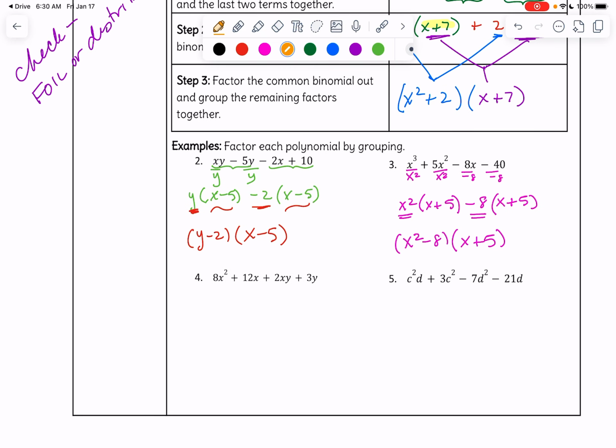So here I can factor out a 4 and an x. And here I can divide out a y.